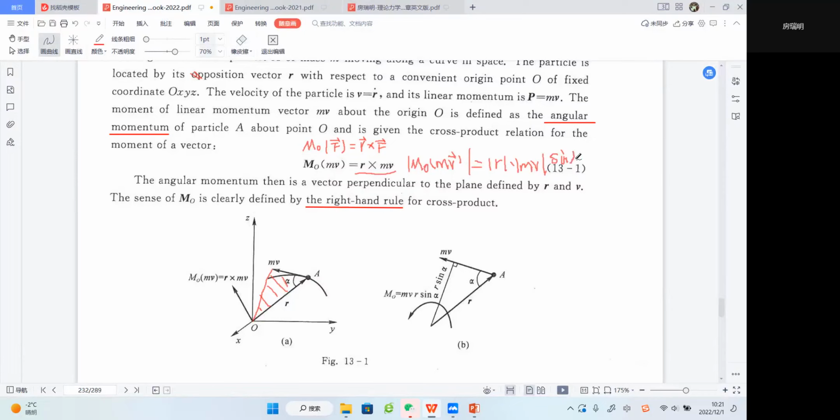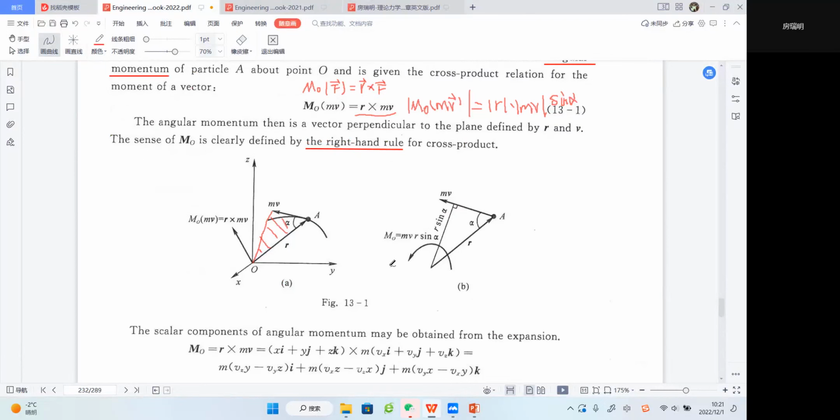Because here we just draw another picture, so you can find the actual R vector has an intersecting angle with this vector mv. So its magnitude is just the magnitude of R times the magnitude of mv times sine alpha.